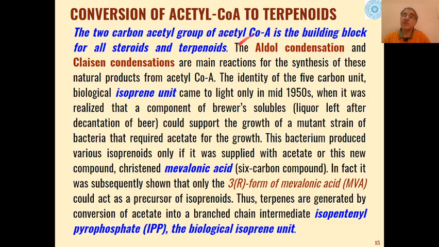And these two main reactions take place during the formation of terpenoids from acetyl coenzyme A. One is aldol condensation and the other is Claisen condensation. And the first step in these types of reaction is formation of an isoprene unit, which is a 5-carbon unit, which acts, we can say, as a monomer for the synthesis of different types of terpenoids.